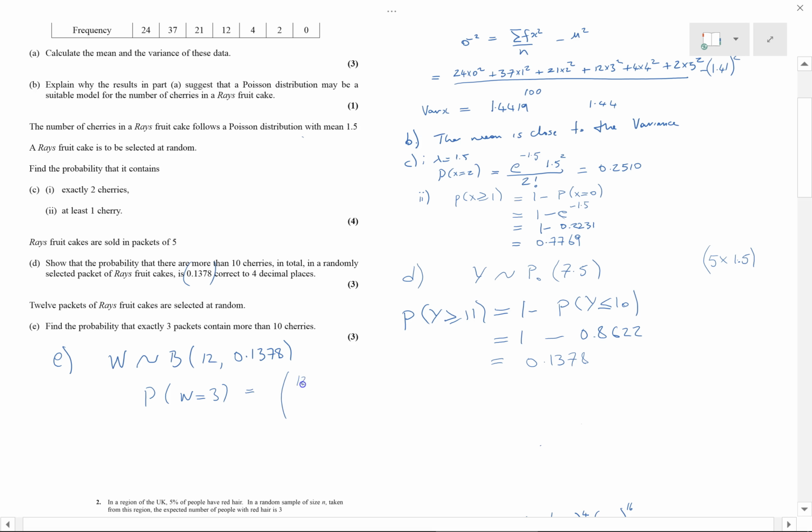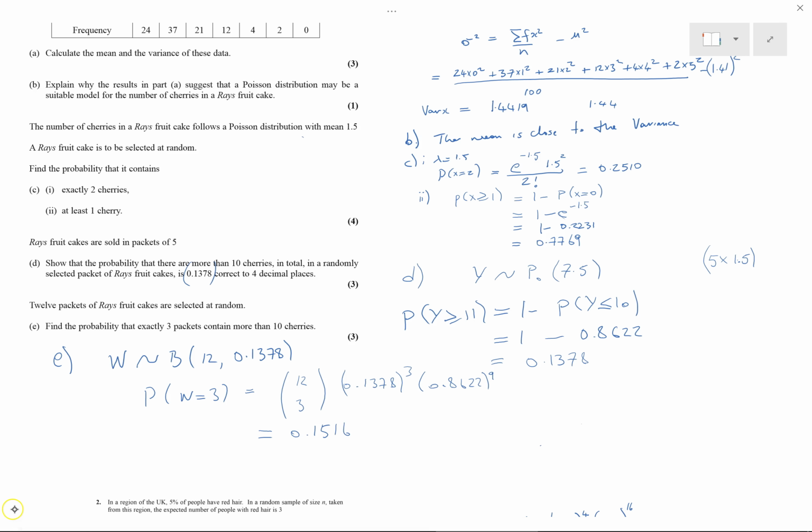That's 12C3, because we want 3 out of 12, times 0.1378 cubed, and the other number I want here, 1 minus it, 0.8622 to the power of 9, because we've got 12 trials in total. And if we work that out, we've got 0.1516. Okay, that's the first question done.